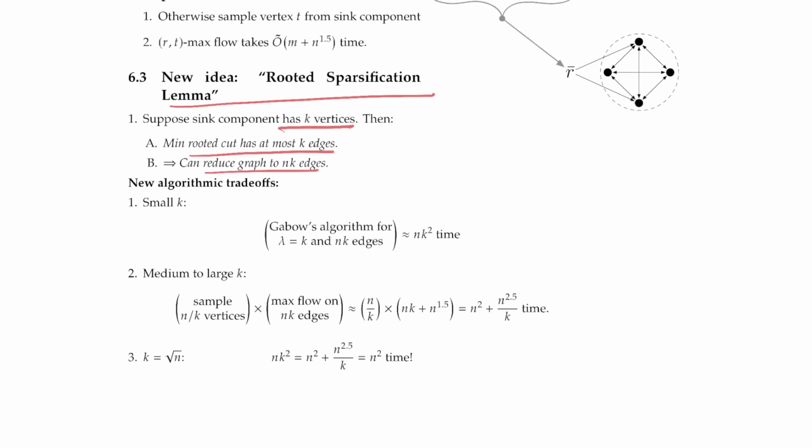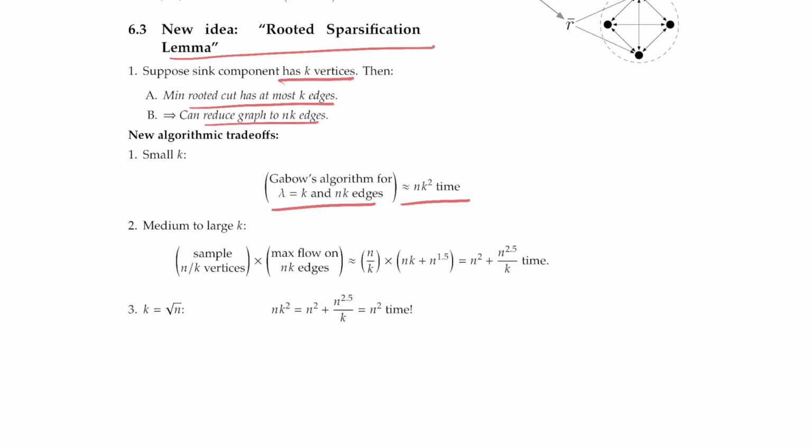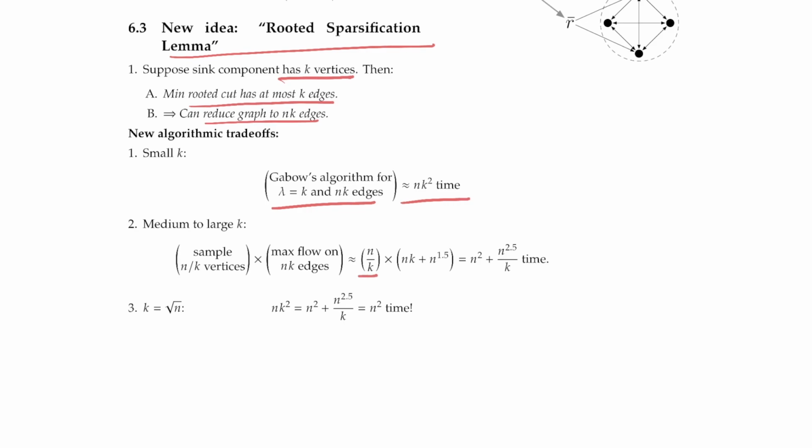Then that gives us these trade-offs where Gabow's algorithm on k edge cut with nk edges only takes nk squared time. Meanwhile, with the sampling-based approach I have to sample more vertices when k is smaller, but then the graph I work with is smaller, only has nk edges, and that gives me this n squared plus n to the 2.5 divided by k running time.